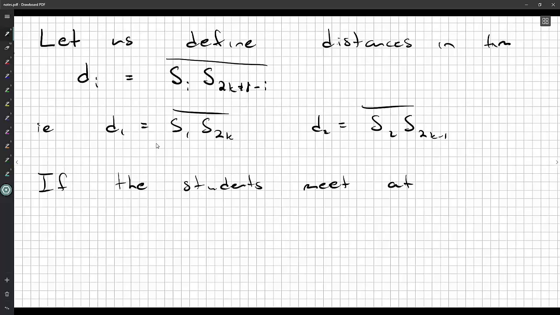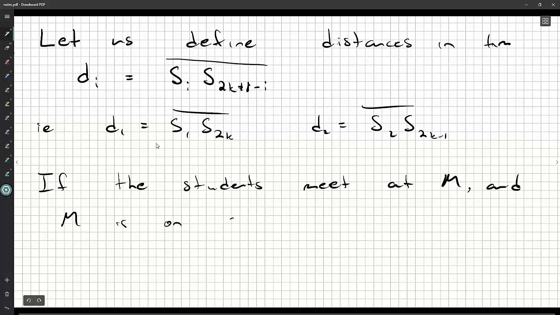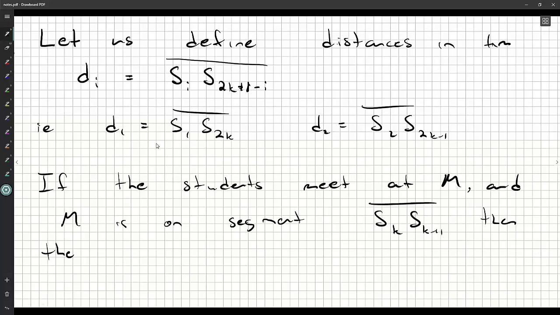I want to show that some point M in between. So if the students meet at M, and M is on segment SK to SK plus 1, then the total distance, I'm going to tell them what the total distance is, and then I'm going to show that if M were anywhere else, the distance would be bigger than that.